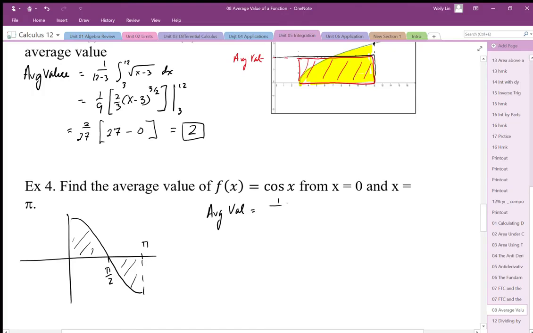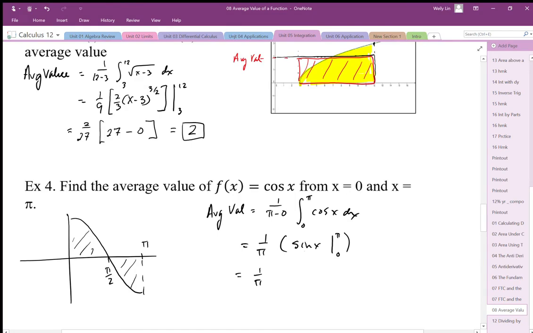So it's going to be the interval width of pi, integrate from 0 to pi of cos x. So it's going to be 1 over pi. The antiderivative is sine x from 0 to pi.